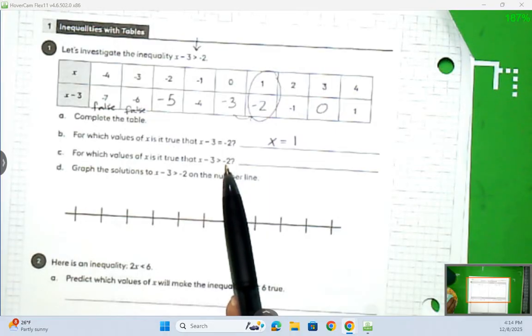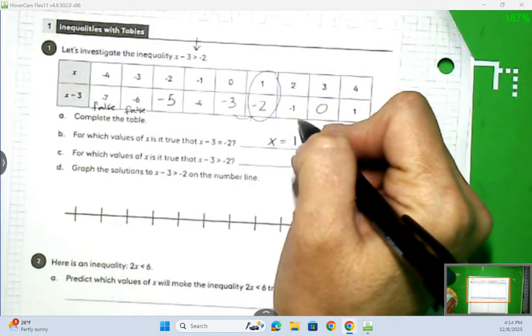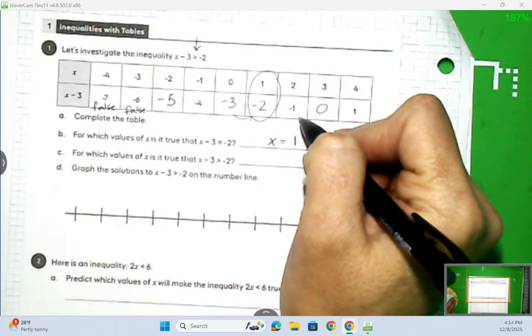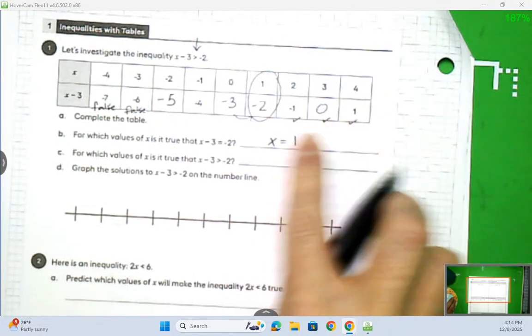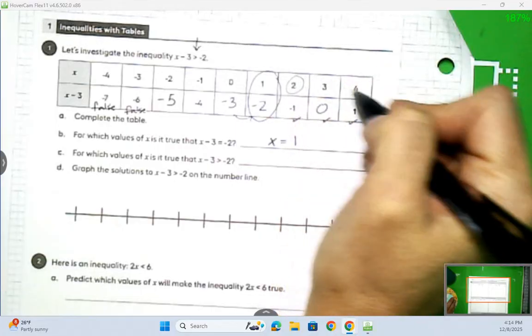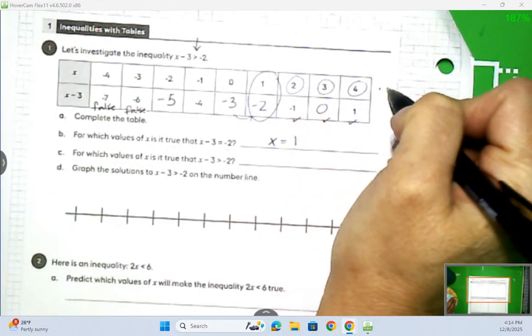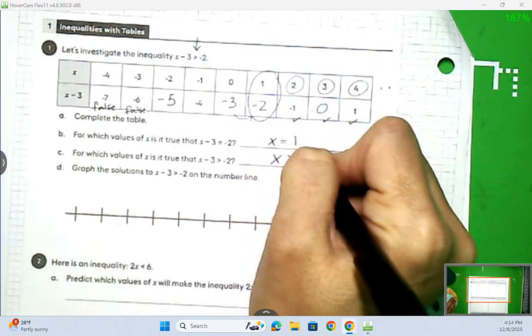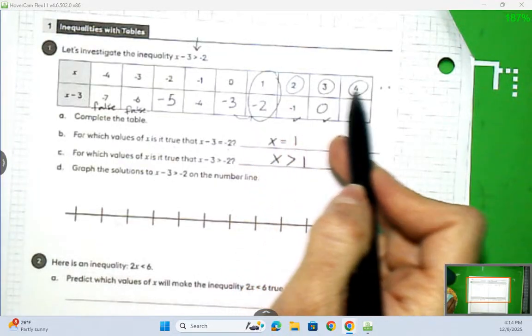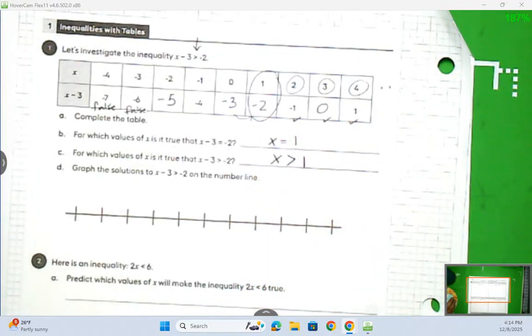We want an answer that's greater than, not equal to -2. That would be these values right here, because these are greater than -2, which would mean 2, 3, 4, and so on. So x is greater than 1. Anything greater than 1 is going to give us a true statement.